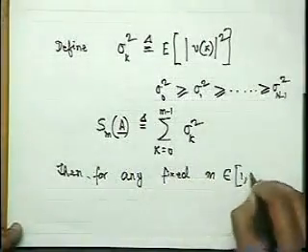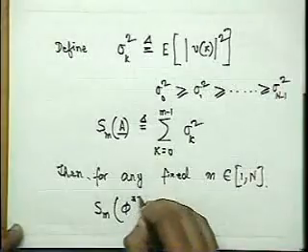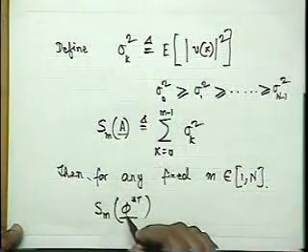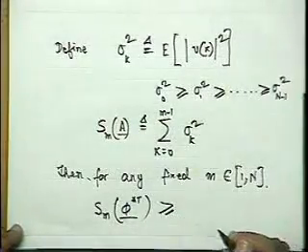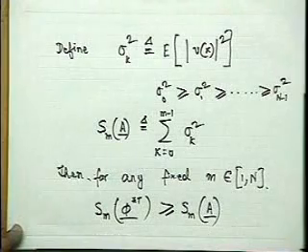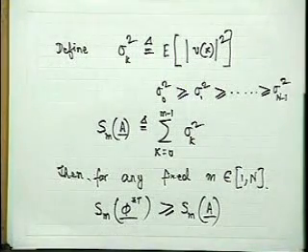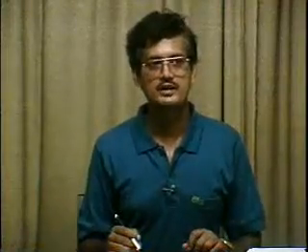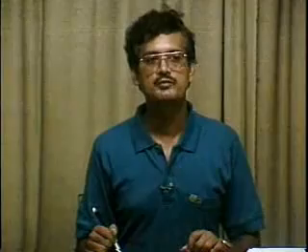Then the third property says that for any fixed m lying between 1 and n, S m of phi star t, that means when A happens to be phi star t, that is, taking the KL transformation matrix, is always greater than or equal to S m of A. So in terms of energy compaction, in terms of compacting the maximum amount of energy in the first m samples out of capital N, the KL transformation matrix gives us the optimal performance.